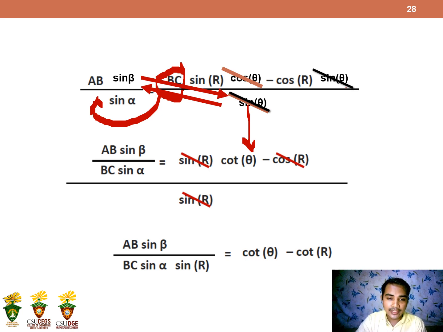If we divide the whole equation by sine r, we can now have the equation AB sine beta all over BC sine alpha is equal to cotangent theta minus cosine r over sine r. Again, cosine over sine is also cotangent. So we can now have cotangent theta minus cotangent r.